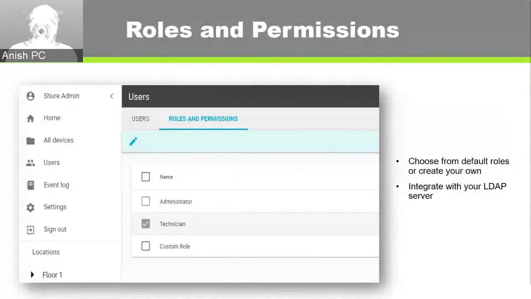Moving on to SystemsOn roles and permissions. The roles and permissions provide a more granular way to manage users. You can either use pre-built roles like administrator or technician, or have a customized user. This user can have unique permissions for their role.